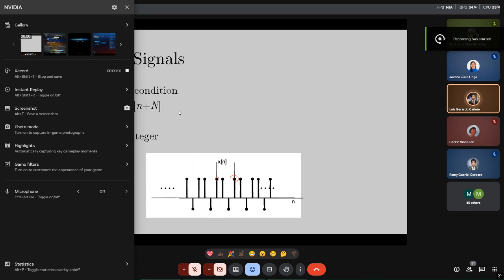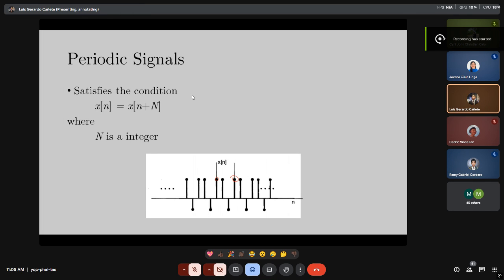these types of signals depending on whether or not they exist on the continuous time domain or the discrete time domain. Of course, the only difference between the two that we know so far is that discrete time signals use integer values on the independent variable.